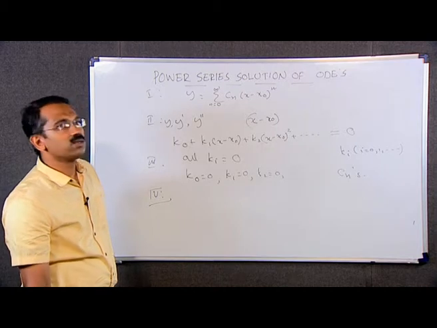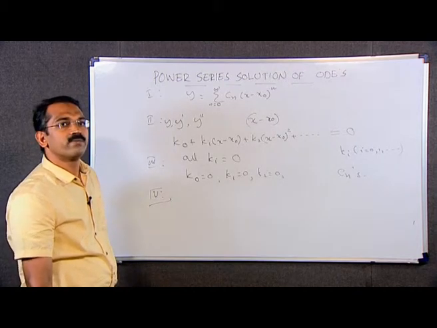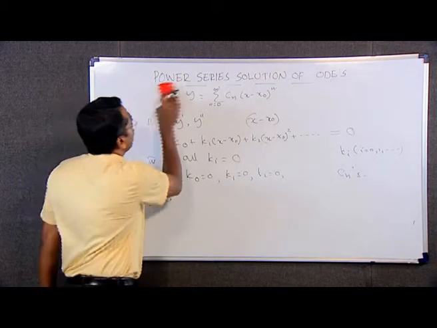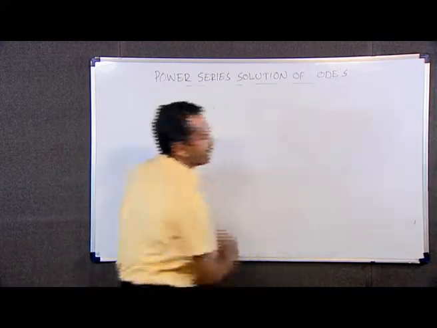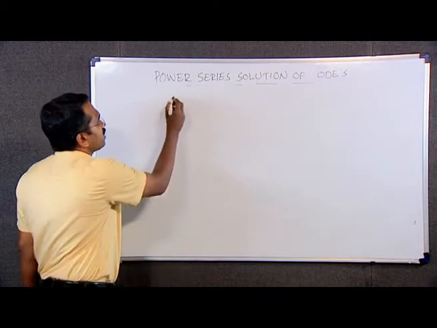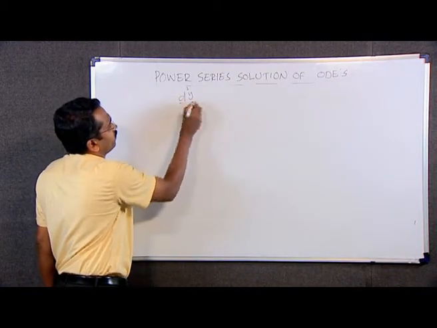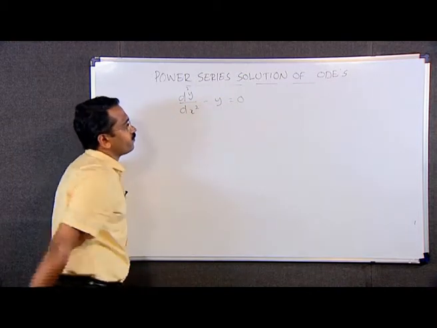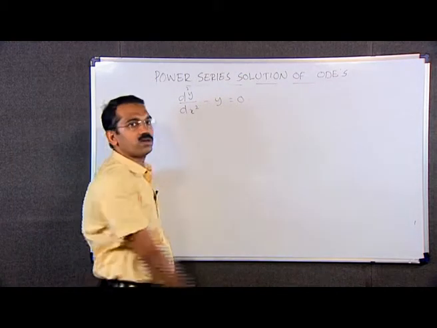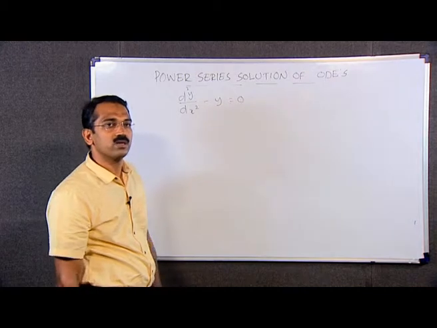Now consider the differential equation d square y by dx square minus y is equal to 0. This is a second order differential equation.